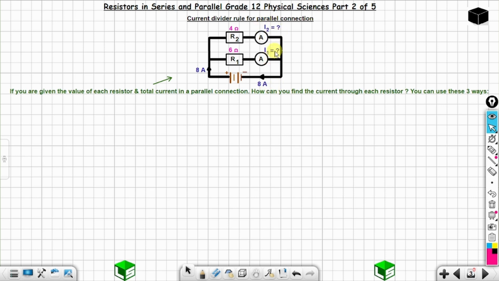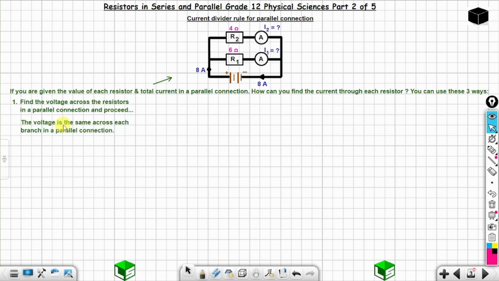I1 is the current through R1, and I2 is the current through R2. For the first method, you have to know that in a parallel connection, the voltage is the same across each branch. So you need to find the voltage across the resistors, and then you are going to proceed.